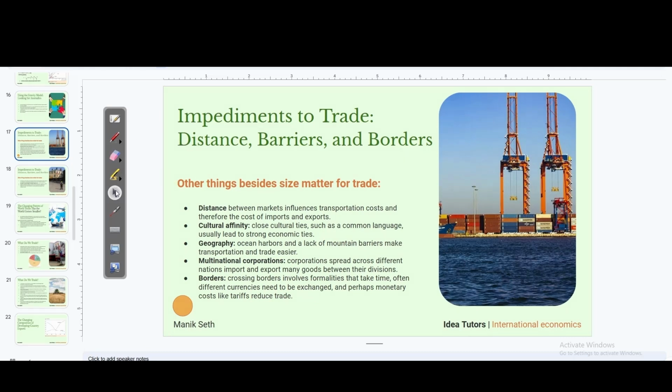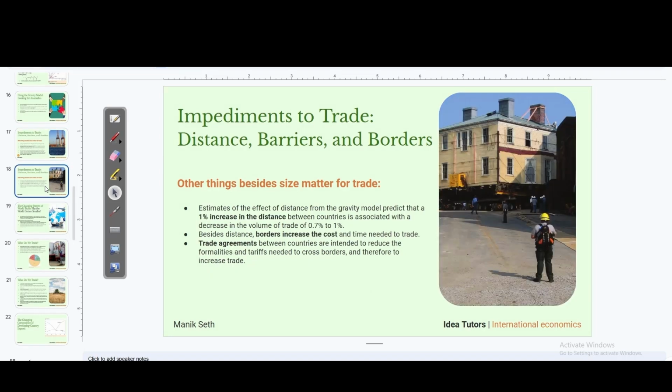So there are these studies, these estimates, that give certain information about how it works. Estimates of the effect of distance from the gravity model predict that if there is a 1% increase in the distance between countries, it is associated with a decrease in volume of trade by 0.721%.